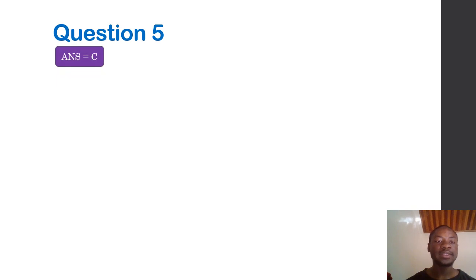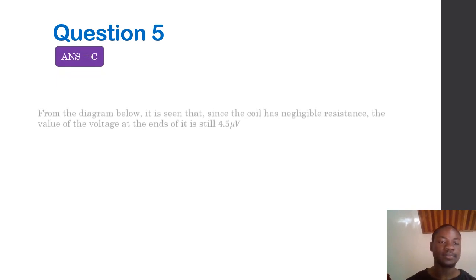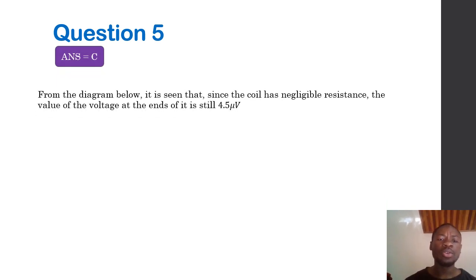Question 5, the answer is C. So from the diagram below, you see the diagram. It is seen that since the coil has negligible resistance, the value of the voltage at the end of it is still 4.5 microvolt. So it will not change.